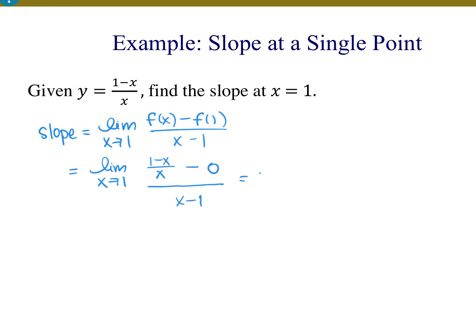So what I have is the awkward 1 minus x over x, over x minus 1. Super awkward because there's 2 denominators, or maybe 2 numerators if you look at it that way. So instead, whenever you have multiple numerators or multiple denominators, you multiply by the reciprocal.